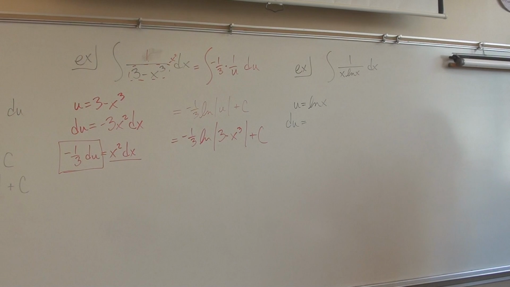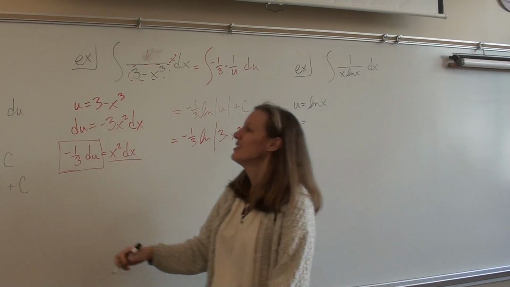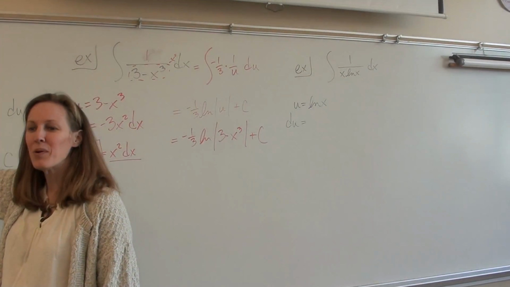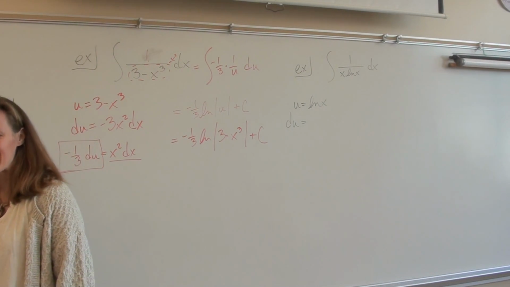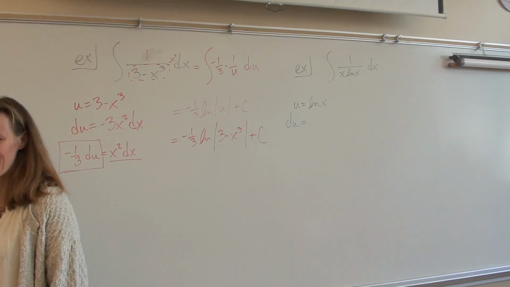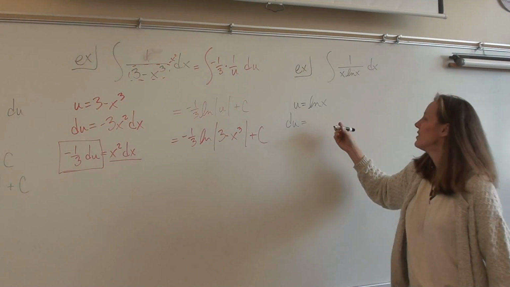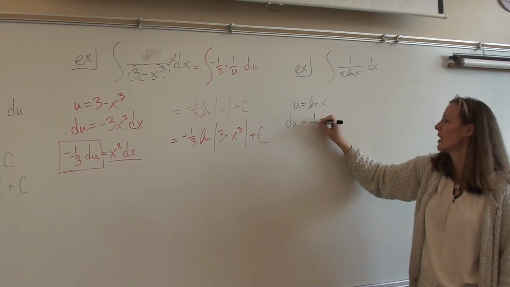You just learned that the antiderivative of 1 over x is ln x. So what is the derivative of ln x? 1 over x. That makes sense. So then the derivative of ln x is 1 over x dx.